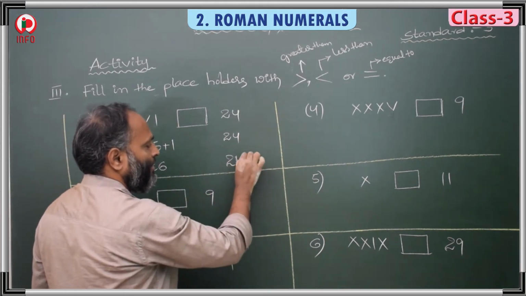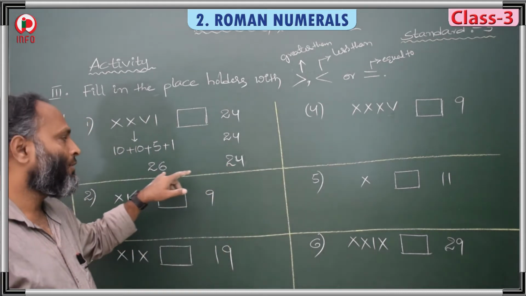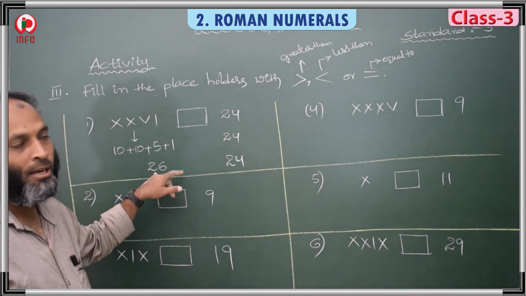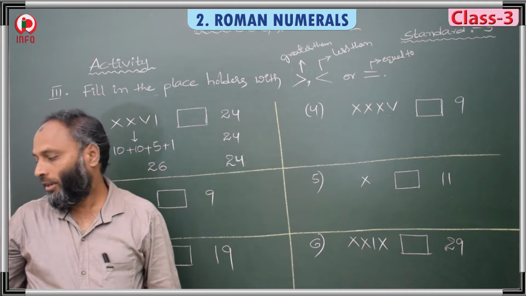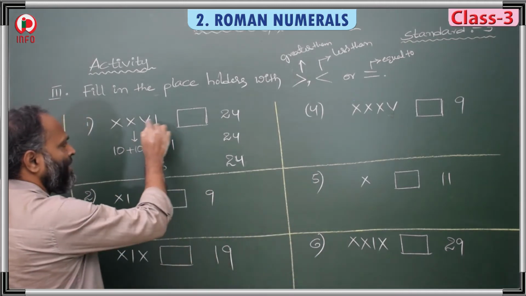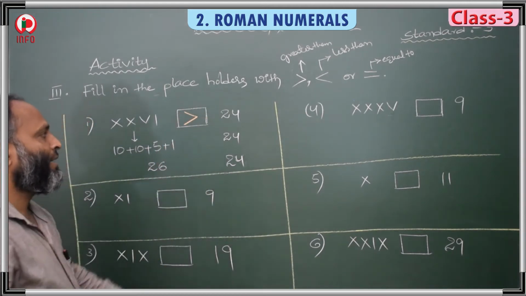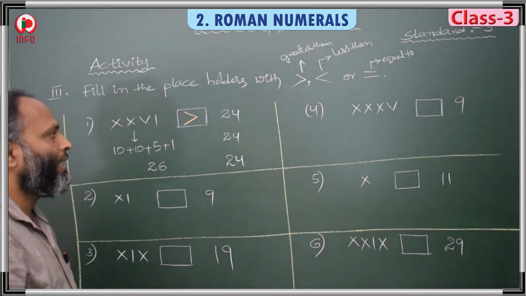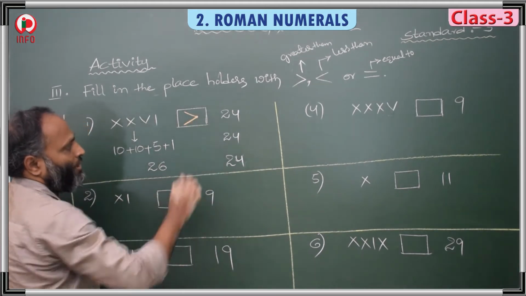In 26 and 24, 26 is bigger and 24 is lesser. Which symbol will come? Here, 26 is greater than 24. The smaller side should get the intersection portion.